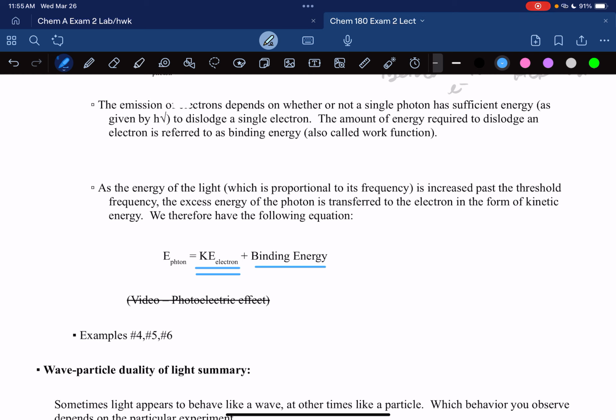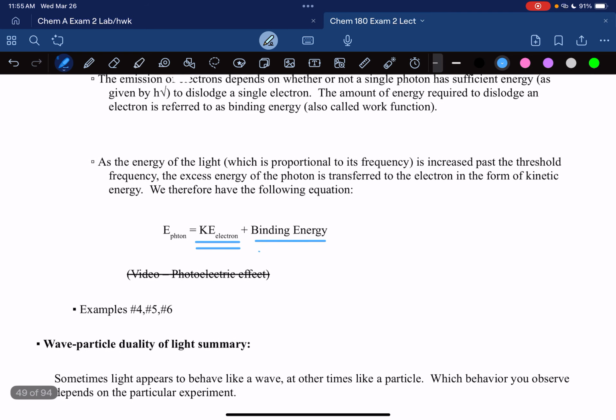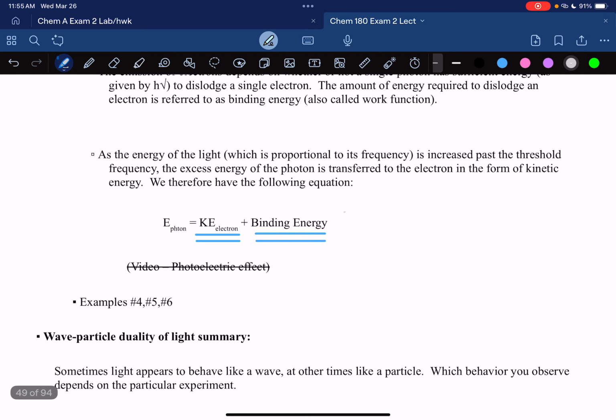Any excess is going to transfer to the electron. And that's why the light energy, E photon, is going to equal these two. First, you've got to have enough to overcome the binding energy. Secondly, any excess is going to transfer to the electron, giving it kinetic energy. Does that make sense? All right, so let me go back a little bit.